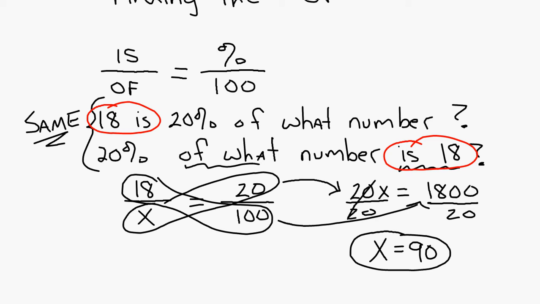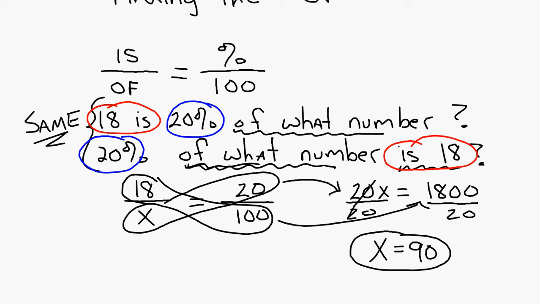They both have 20%, and both are asking the same question: of what number? Okay? Those are the same. Does anybody need to see another example of that setup?